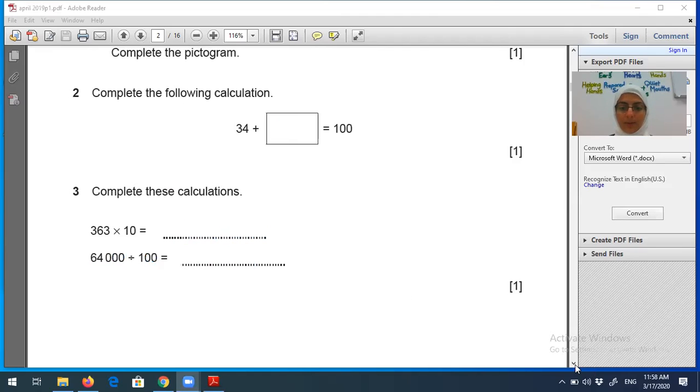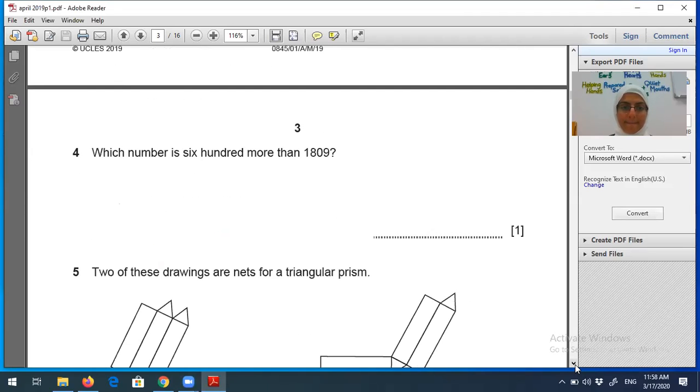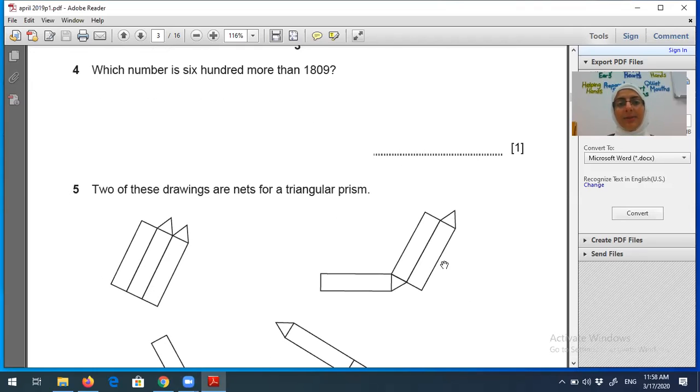Question number 4. So he's saying here, which number is 600 more than 1,809? More than, so you can relate this, it means I need to add the 600. Simply just put the 600, okay, add the 600 here. You can do it properly.